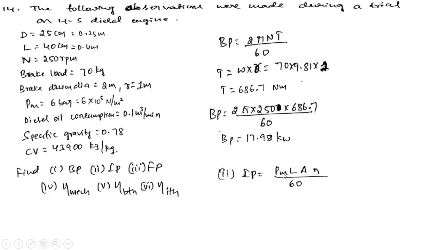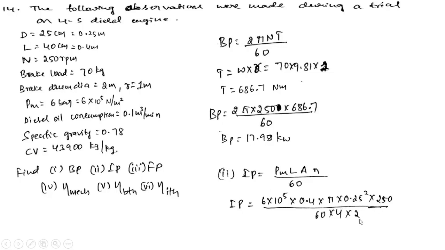Formula for IP is PLAN by 60, and here this N, the number of cycles, again it's a 4-stroke diesel engine, so N is equal to half of the speed of the engine, uppercase N by 2. IP is equal to mean effective pressure 6 into 10 power 5, stroke length 0.4, pi d square, 0.25 square divided by 4 for area, and uppercase N is 250, the speed of the engine.